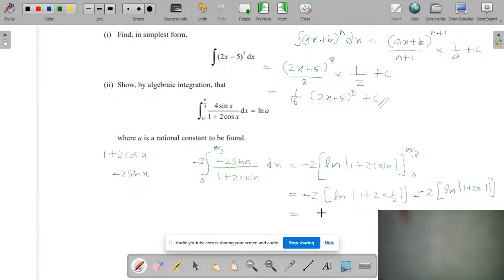Now just a simplification here we have to do. Minus 2 ln 1 plus 2 into half becomes 1. So 1 plus 1 becomes 2. Minus minus plus 2 ln. Then we have 1 plus 2 into 1, which is 3, ln 3. Now here we have a positive term and a negative term.